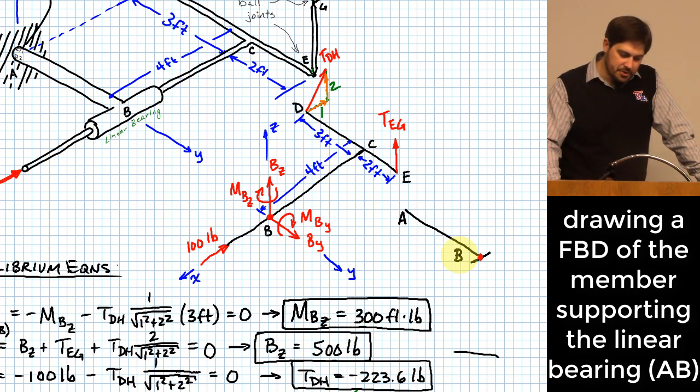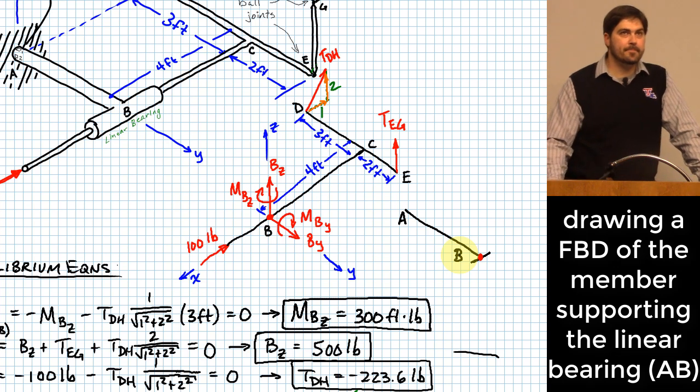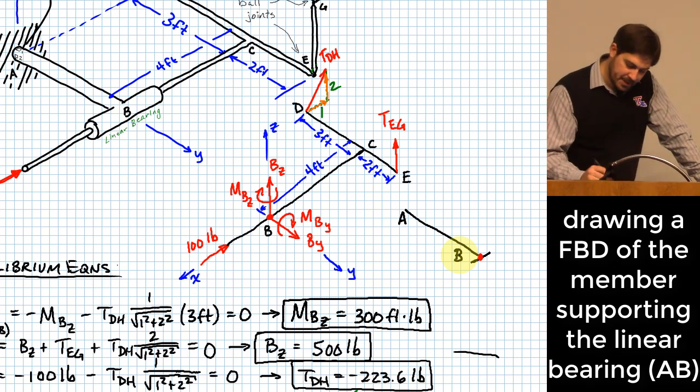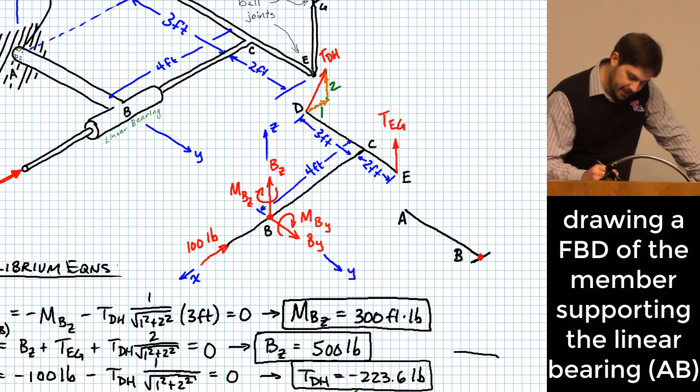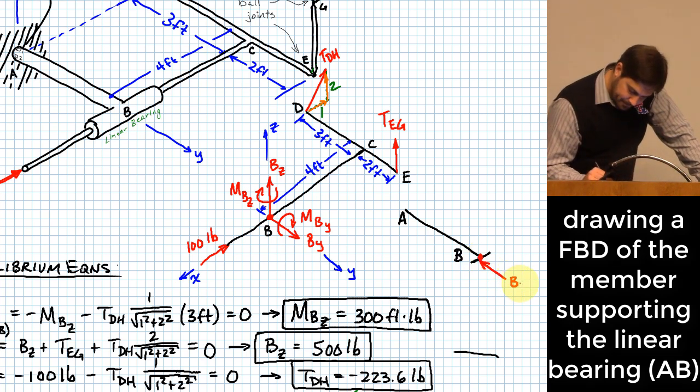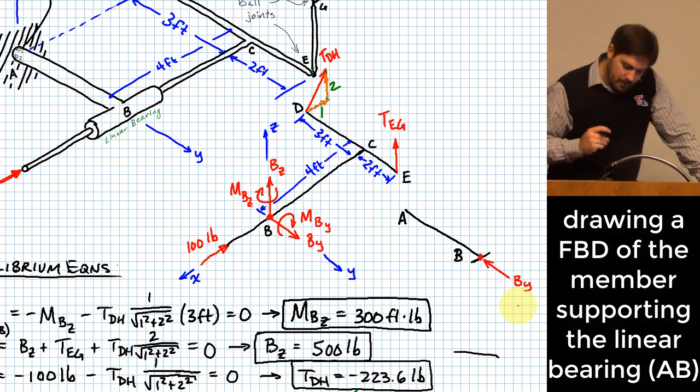What kind of reactions should I show at B? The opposite of what I drew a second ago, right? So if I have an MBY, well, actually, let me start with BY. Whatever BY I had originally, I should show it reversed, right? Then what?